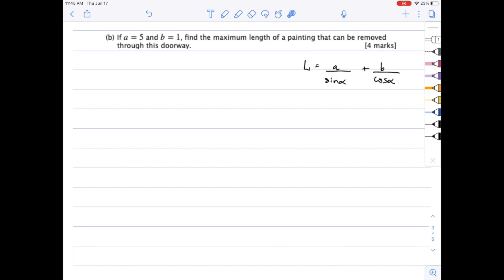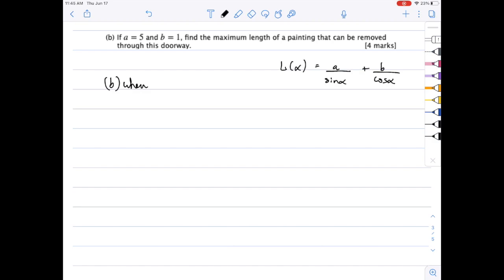Okay, so this is the formula that they give us from earlier. I'm going to take that formula, and these values A and B here are just constant values. Okay, so that's important. Maybe I'll jot this down. L here, the length that the workers measure, is a function of alpha, because you're varying alpha, and as you vary alpha, L changes.